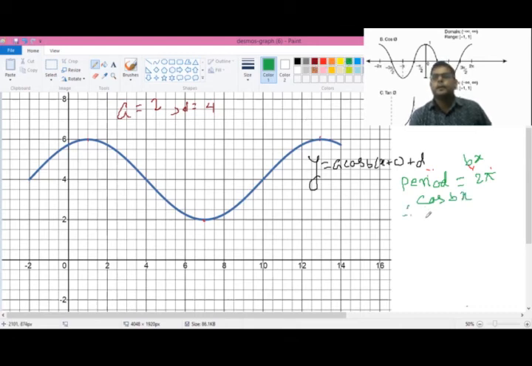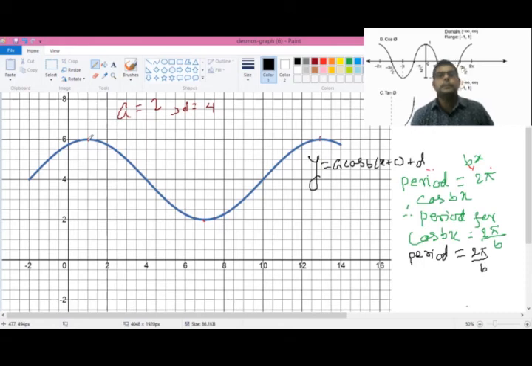Therefore the period for cos bx will be equal to 2 pi by b. So in general, the period of this graph is 2 pi by b.